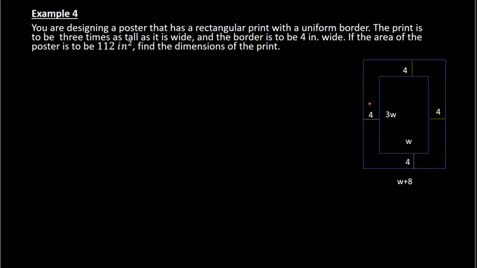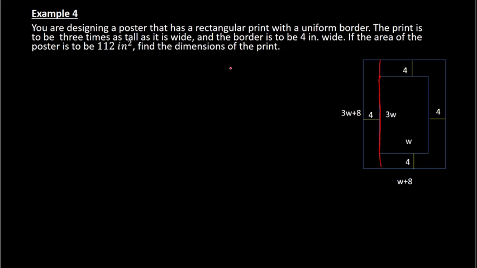And then same concept for this height. This height right here of the entire poster is we have this 3W, but then we have to add 4 and another 4, which is adding 8. So I add 8 to 3W to get 3W plus 8. And then it said the area is 112 square inches.